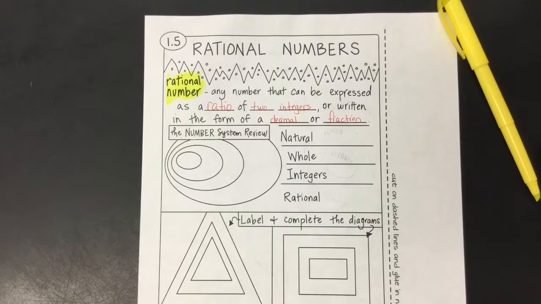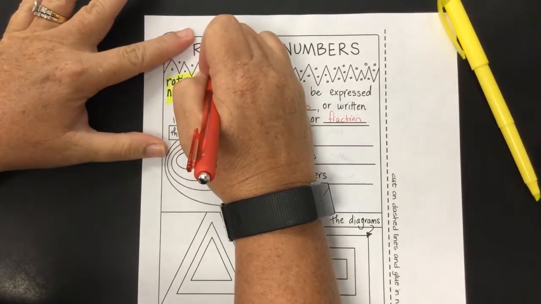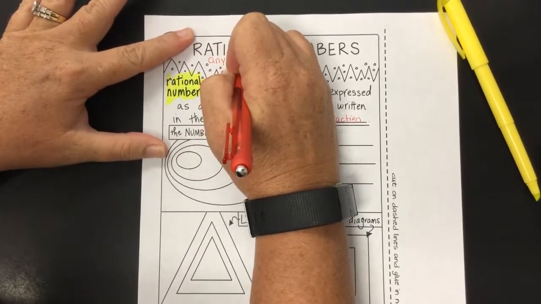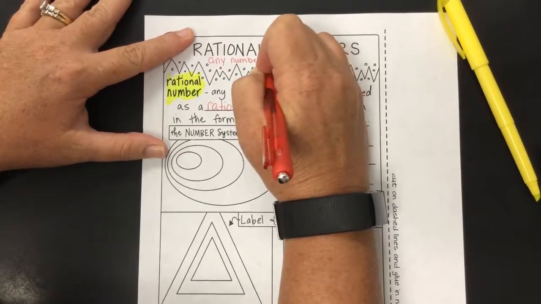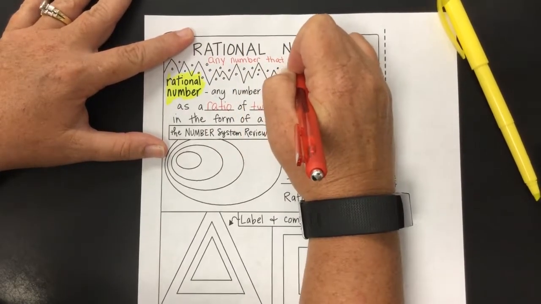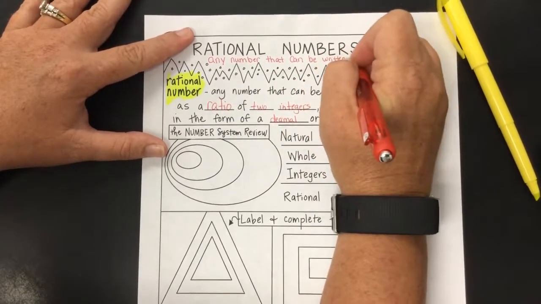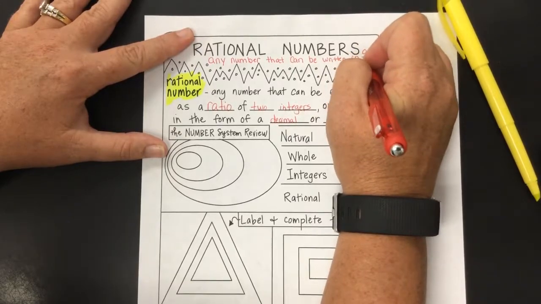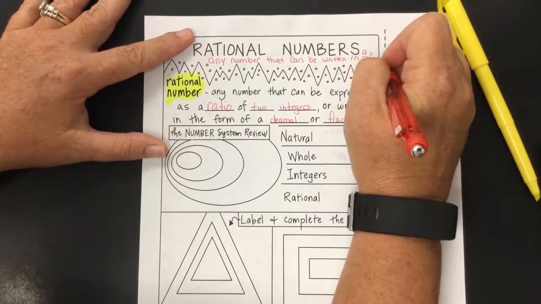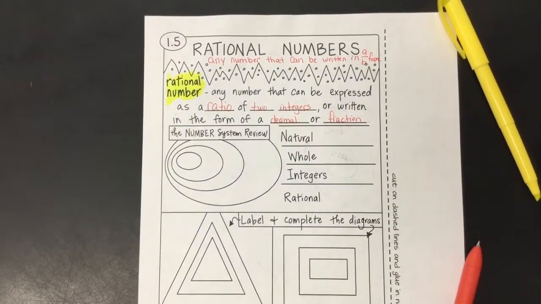I really want you to know that a rational number is any number that can be written in A over B form. Any number that can be written in A over B form.